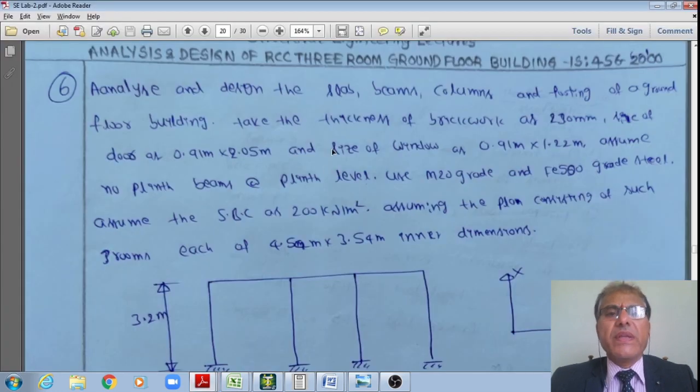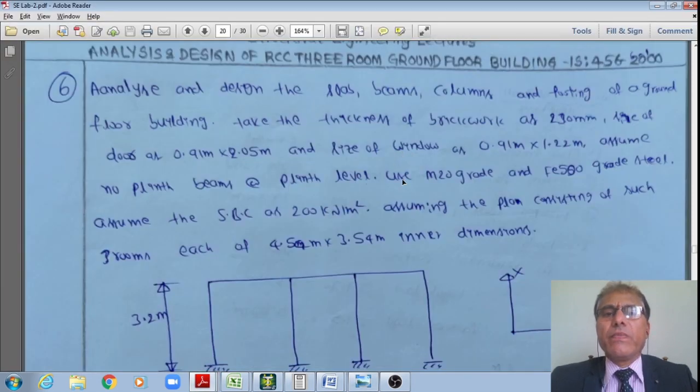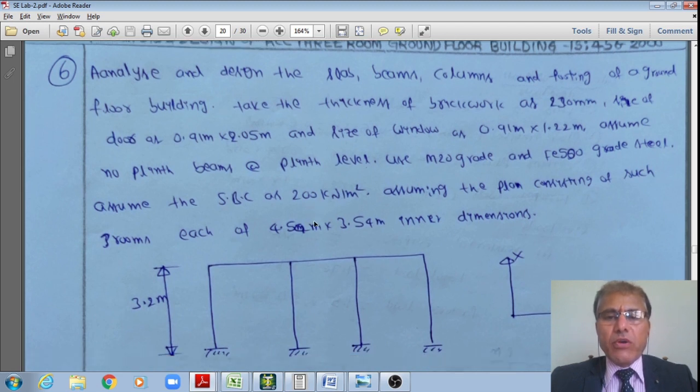The other data given is to take the thickness of the brickwork as 230 mm and the size of the doors, as we have just seen, 0.91 meter by 2.05 meter, and the size of the windows as 0.91 meter by 1.22 meters, and assume no plinth beam at the plinth level. Therefore there is no plinth beam at this plinth level, students. Use M20 grade concrete and Fe 500 grade steel. Assume the safe bearing capacity of the soil as 200 kilonewton per meter square.